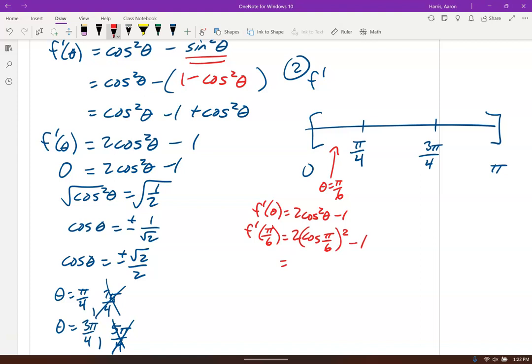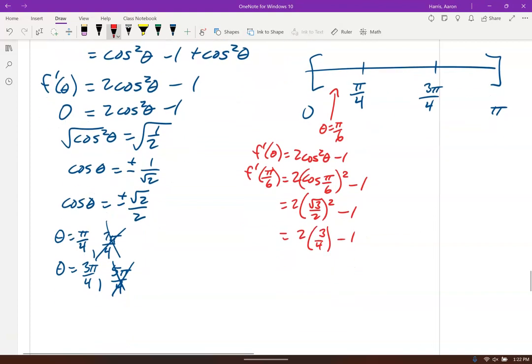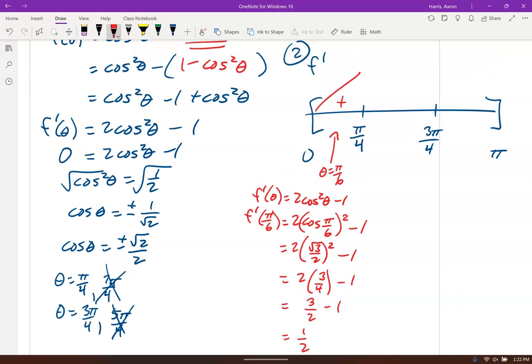Cosine of pi sixths is root 3 over 2. So I got 2 times 3/4 minus 1. I got 6/4 or 3/2 minus 1, so I got 1/2. So this is positive. So the original function increases from 0 up to pi fourths. Again, the 0 and the pi is just the domain. They cut this domain off for us.